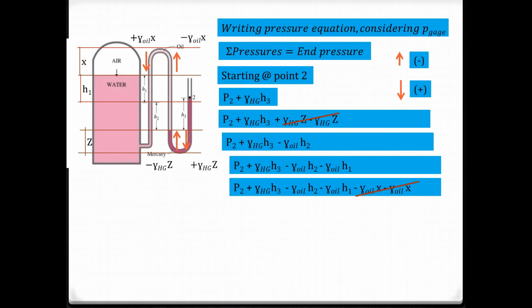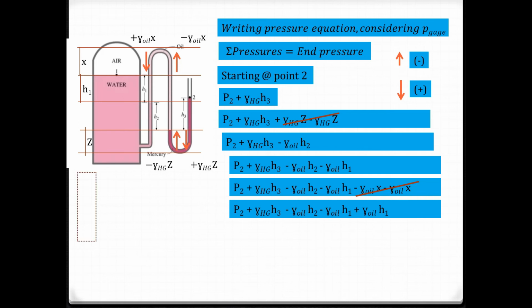Again, that will be cancelled. So notice that here, we can cancel this term because of the same principle that H1 and X have the same liquid with the same elevation.